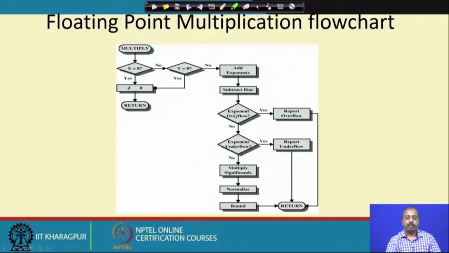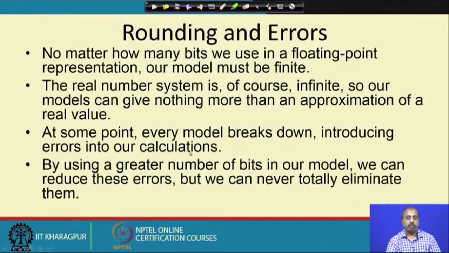If there is an exponent overflow, we report overflow. If there is no exponent overflow, then we check whether the exponent underflows or not. In that case, we report underflow. If that is not the case, then we multiply the significants, do some normalization and then do rounding, and ultimately it returns. That way this floating point multiplication can take place.